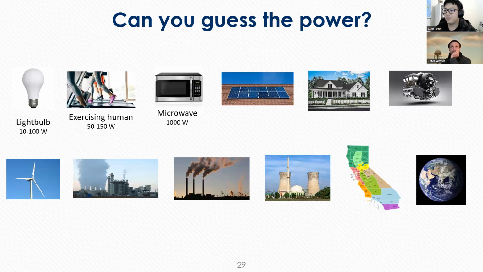So microwaves, these guys use quite a bit more power, but they are used for a much smaller amount of time. And so microwaves, you're typically talking about on the order of a kilowatt or so, or 1,000 watts.